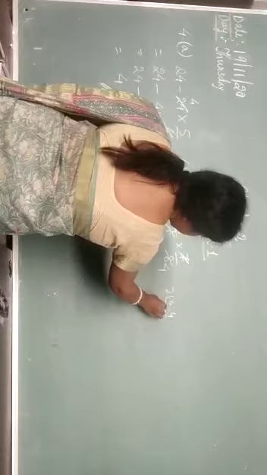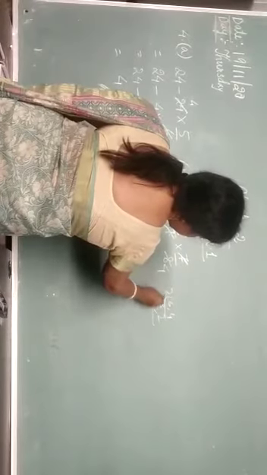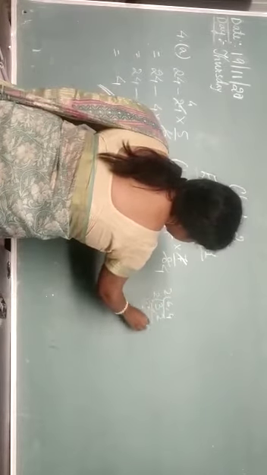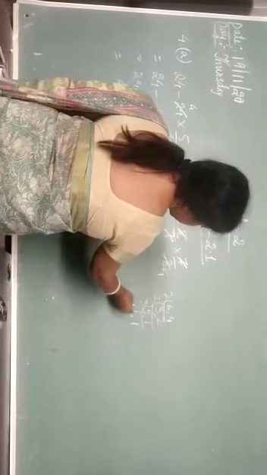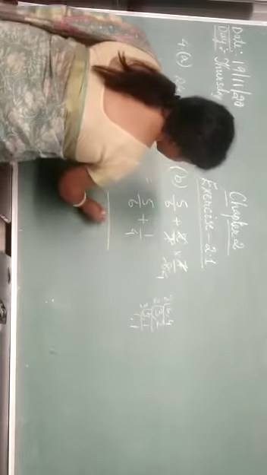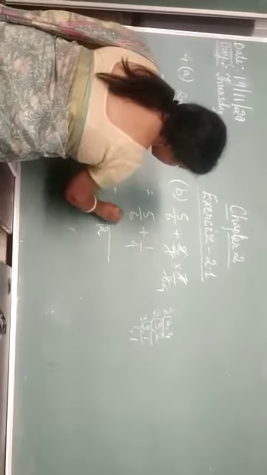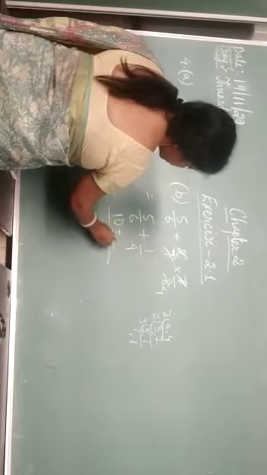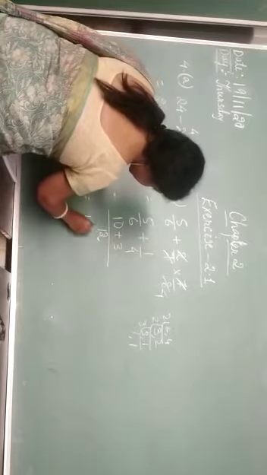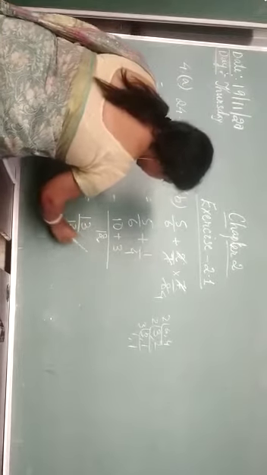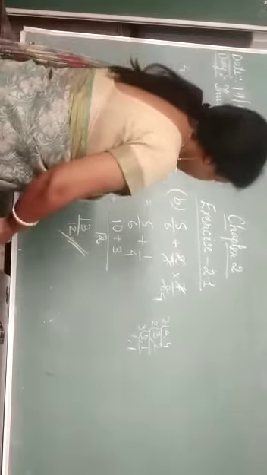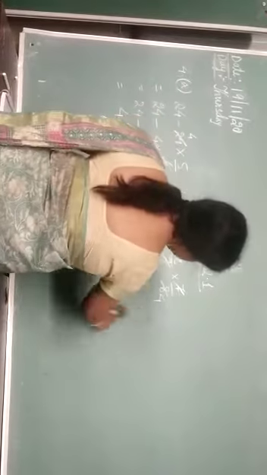So let us find out the LCM. 6 and 4. 2 3s are 6, 2 2s are 4. So what is the LCM? 3 2s are 6, 6 2s are 12. So 6 2s are 12, 5 2s are 10, 4 3s are 12 and 3. What is the answer? Your answer is 13 by 12.